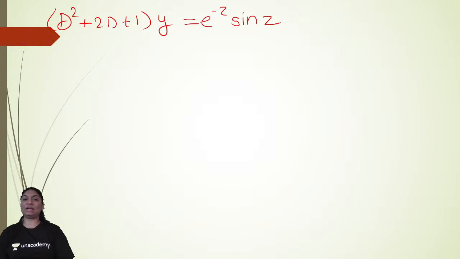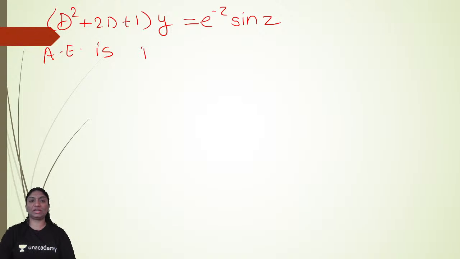Yesterday we have seen how to find the solution for the given differential equation with constant coefficient. Here, instead of x, your total differential equation is converted into the variable z. So the auxiliary equation is d square plus 2d plus 1 is equal to 0.